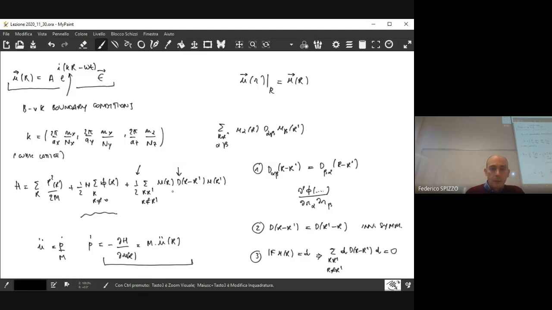And if you notice here, I have U of R on one side, in this case on the left side of the matrix, but if I fix the value of R, then at some point also R prime will be equal to R. So I have the opportunity to find a specific coordinate both on the left side of this matrix and on the right side of the matrix.